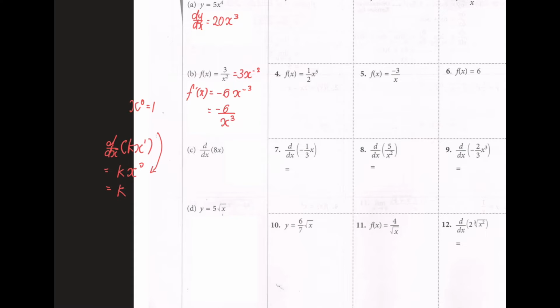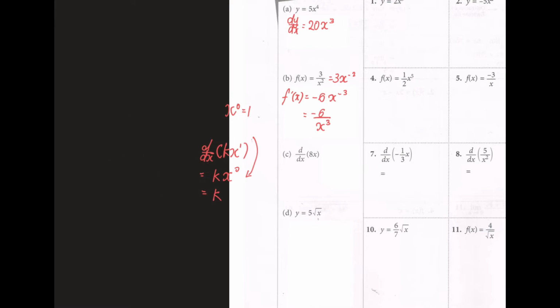Okay, so I put it in general form so that you will feel like this is a formula. If you have y equal to kx, dy/dx equal to k. For example, if you have y equal to 3x, dy/dx equal to 3. If you have y equal to half x, dy/dx equal to half.